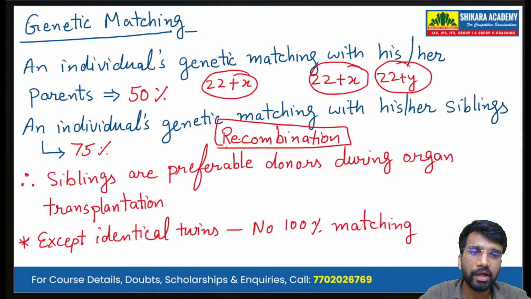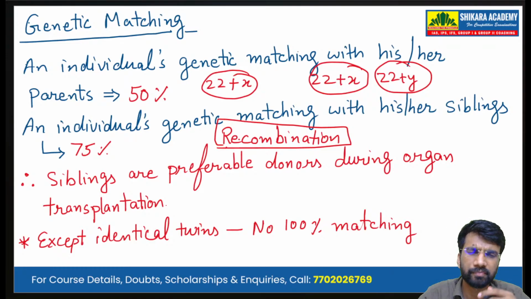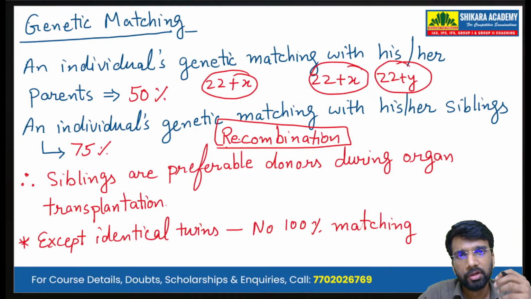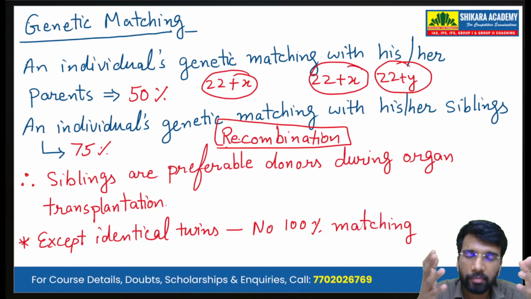Now, these siblings are the preferable donors during organ transplantation. Suppose a person X needs an organ transplant. As compared to the mother or father, the sibling is the preferable donor.